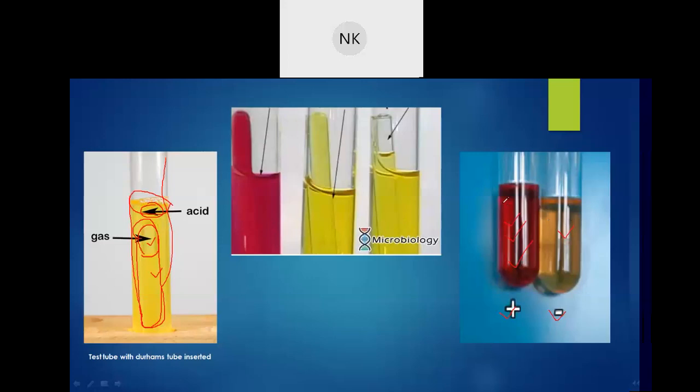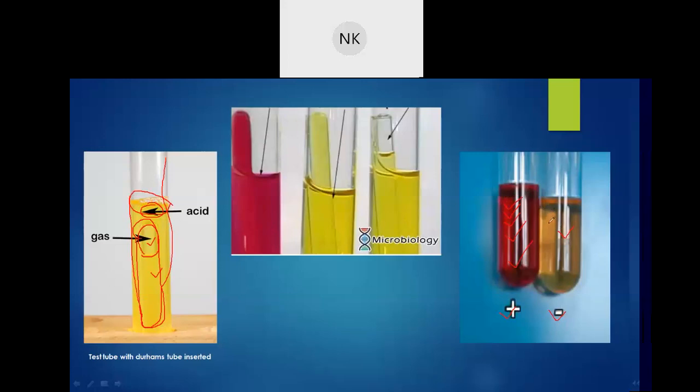If acid is produced and you add methyl red, at pH 4.2 and below, that is at lower pH, the methyl red will remain red or pink in color, which indicates that it is a positive result or acids are being produced.